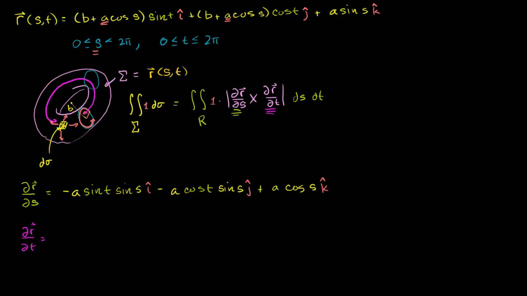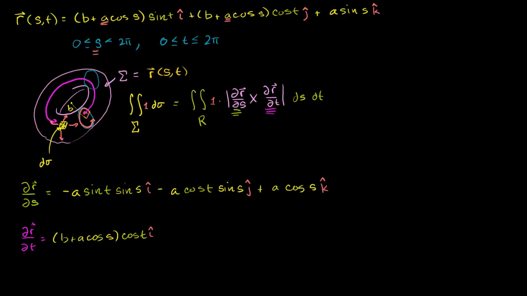So it's going to be b plus a cosine of s times cosine of t i, and then plus, and it's actually going to be a minus, because when you take the derivative of this with respect to t, it's going to be minus sine of t.